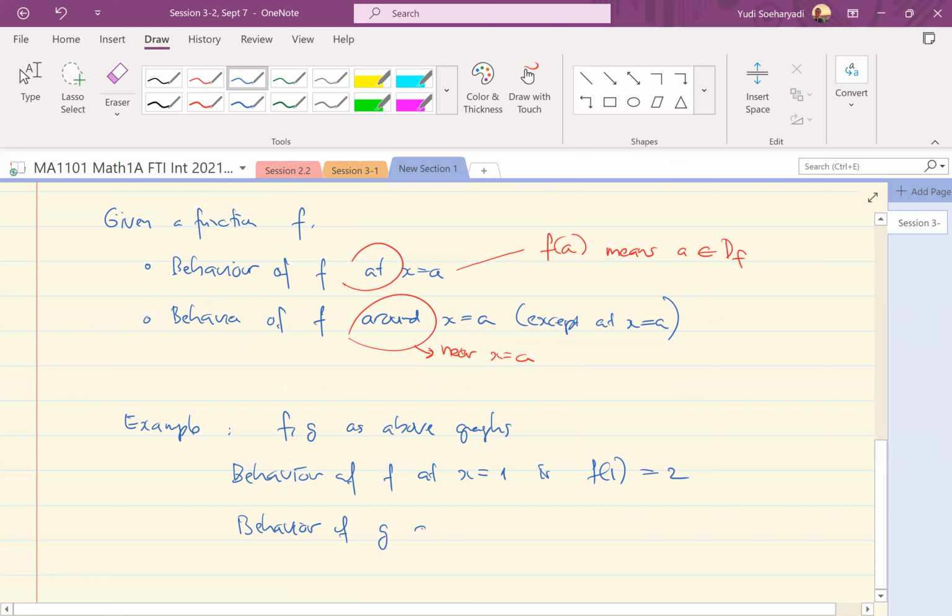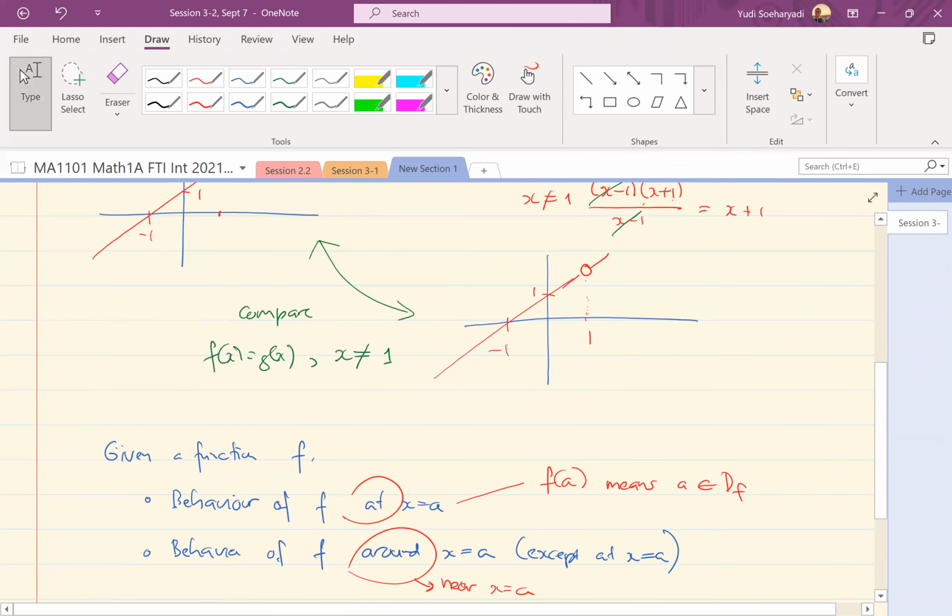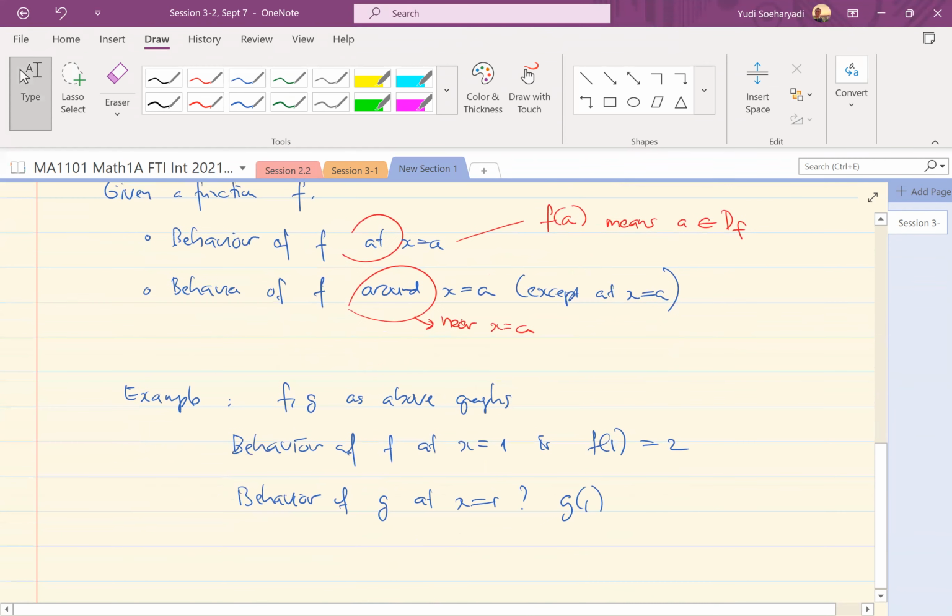The behavior of g at x equals 1 is g of 1, but g of 1 is undefined here. But at least we can say something. This is undefined, so we cannot answer this one, but we have behavior of g around x equals 1.